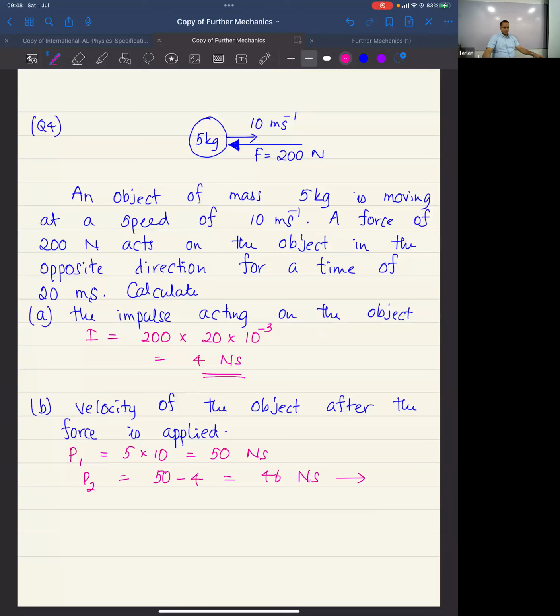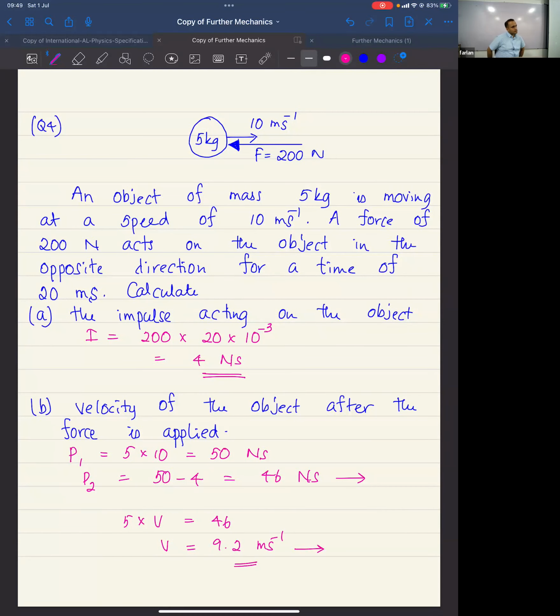Okay. Then the final velocity will be mass into velocity, 5 into the final velocity, which is supposed to be 46. So v is equal to 46 divided by 5, 9.2 meters per second. That's still to the right.